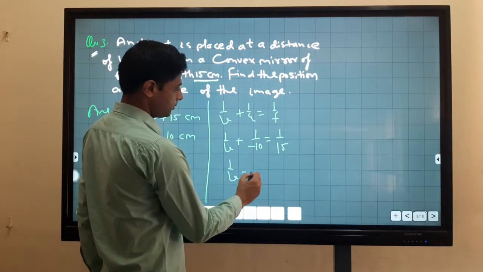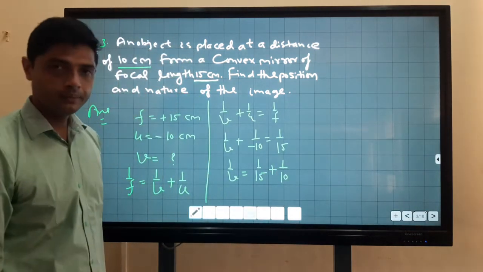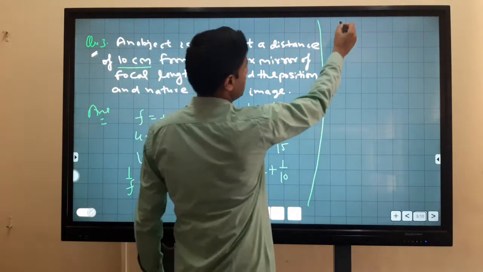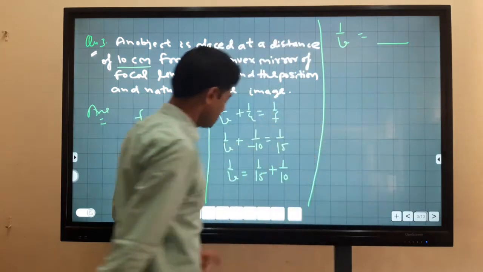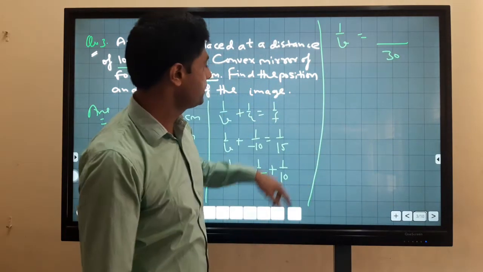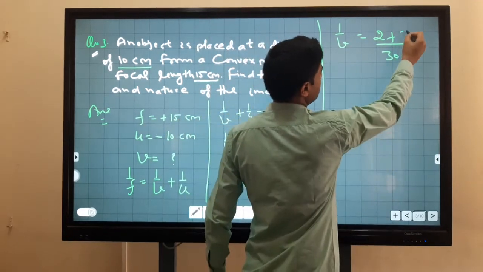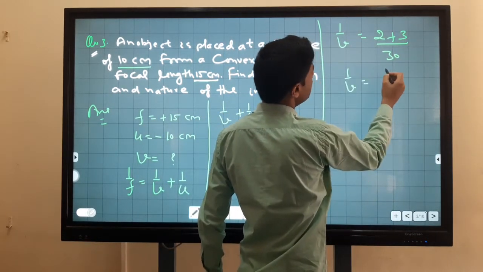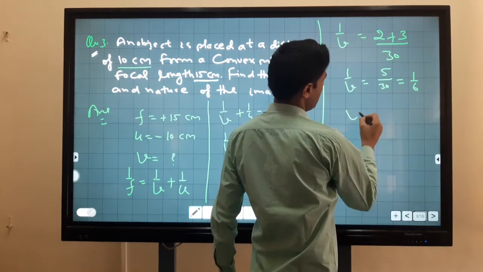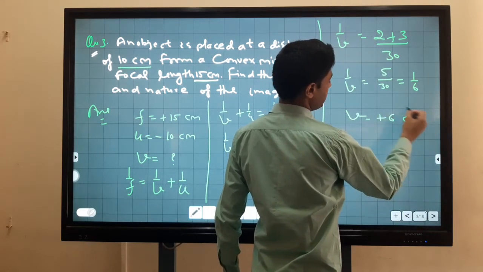So 1 upon V equals 1 upon 15 plus 1 upon 10. LCM of 15 and 10 is 30. 15 to the 30 and 10 to the 30. It means 1 upon V equals 5 upon 30, or 1 upon 6. V equals plus 6 centimeter.